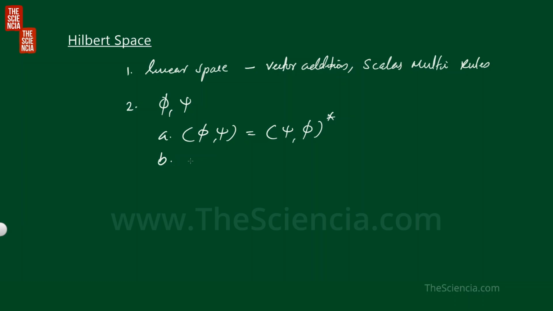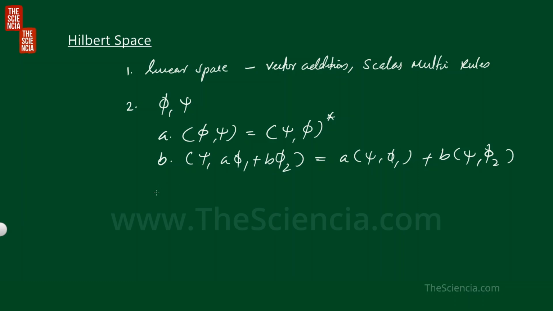Another one, it should satisfy <psi|a phi1 plus b phi2>, which should be equal to a<psi|phi1> plus b<psi|phi2>. Another condition, the scalar product of psi with itself <psi|psi> should be equal to mod psi squared and should always be greater than or equal to 0. There are no negative values. So these are some properties of vectors in Hilbert space.